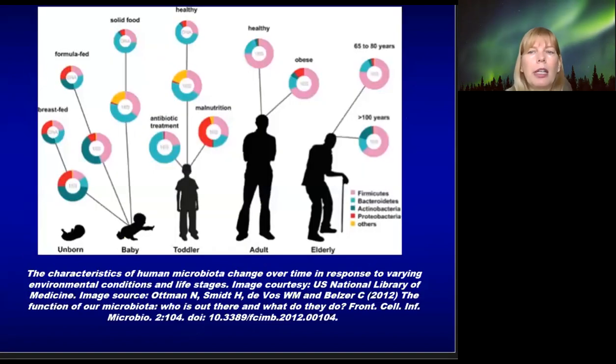And so here we're looking at some really nice studies that are being published looking at the progression over time, tracking the same individuals in a long-term study. And this is kind of nice because you're looking at a pie chart where you're looking at the different types of microbes.